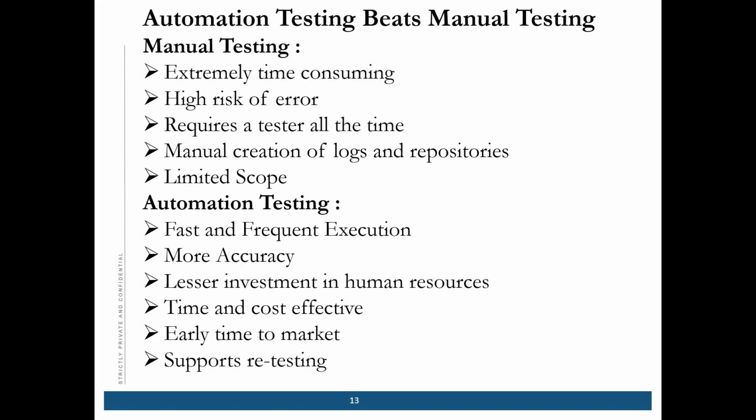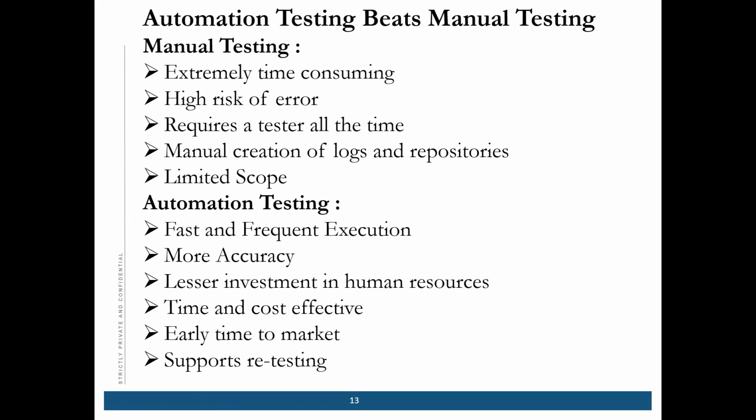Now we will see how automation testing beats manual testing. See, manual testing, as we know, is extremely time consuming, has a high risk of error, and requires a tester all the time. When you have written your test cases, you manually go to that application and test it. Then you say whether that requirement is matching the expected or not, and then you say pass or fail.